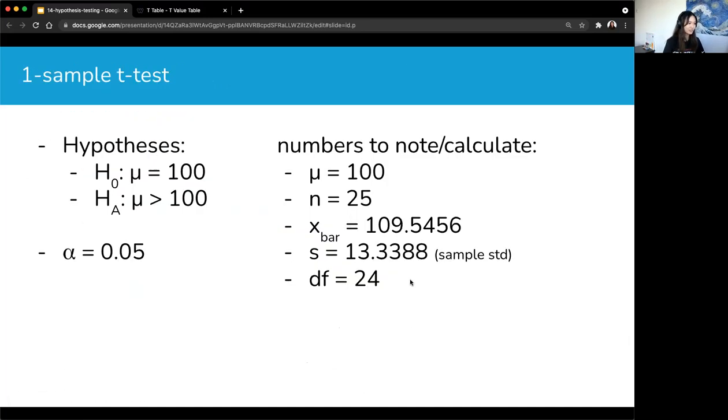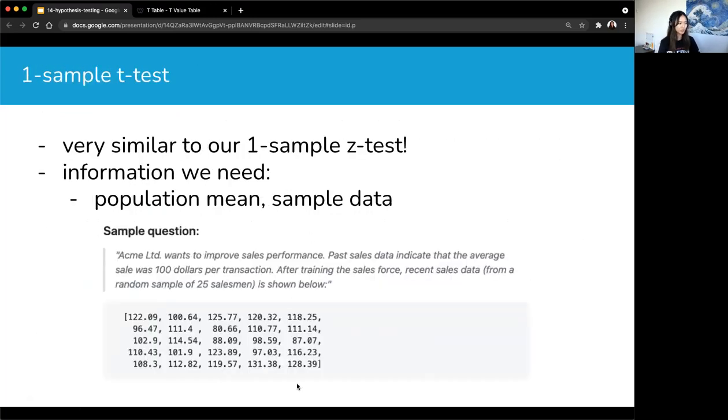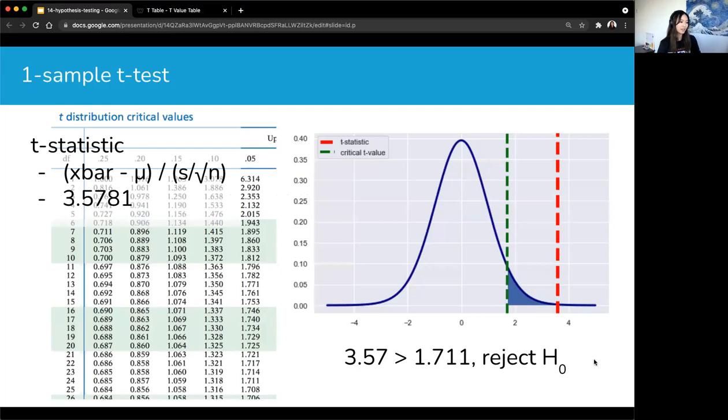Going back to that sales example, we did conclude that yes, the sales training did have an effect, but that t-statistic is associated with some p-value, which is the probability of it just being by random chance. So therefore, there is that probability of getting a type 1 error.